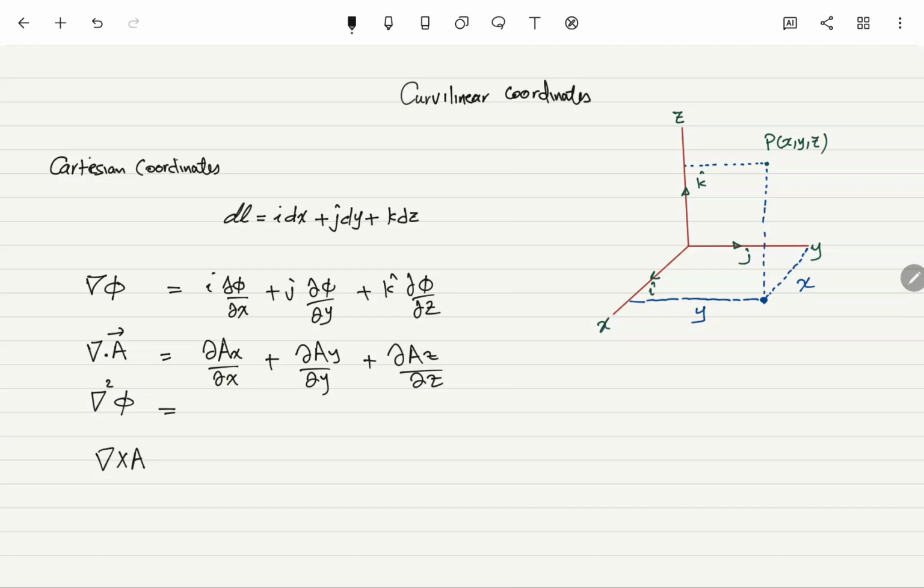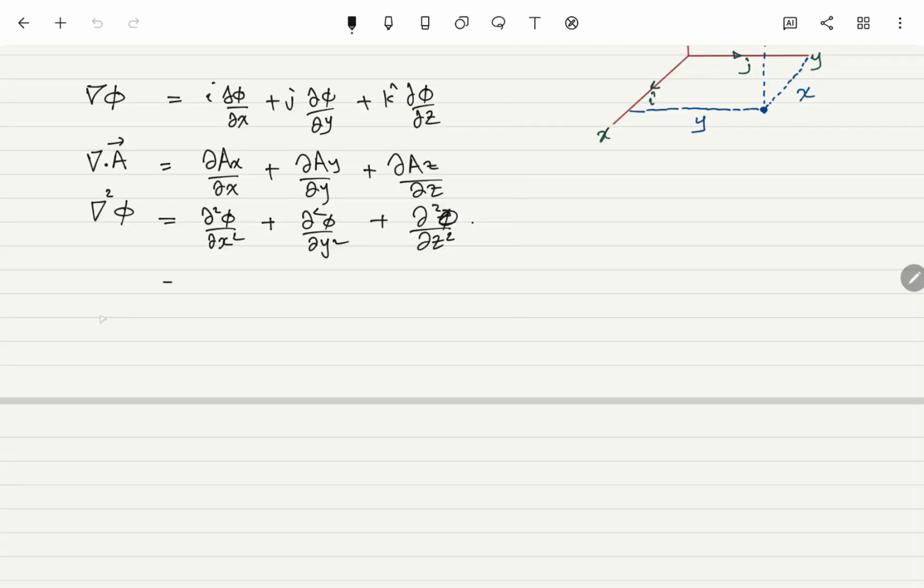Now the Laplacian of phi in Cartesian coordinates is the second derivative of phi with respect to x squared, plus the second derivative of phi with respect to y squared, plus the second partial of phi with respect to z squared. Now for the curl, you open a determinant: the first row is the unit vectors i, j, k.